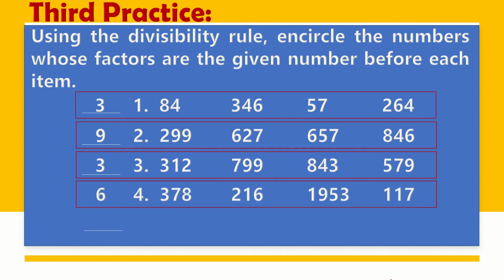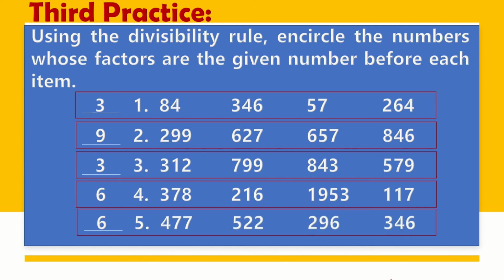For number 4, is it a factor of 6? The numbers are 378, 216, 1953, and 117. For number 5, is it a factor of 6? With the numbers 477, 522, 296, and 346. I will give you time to answer.